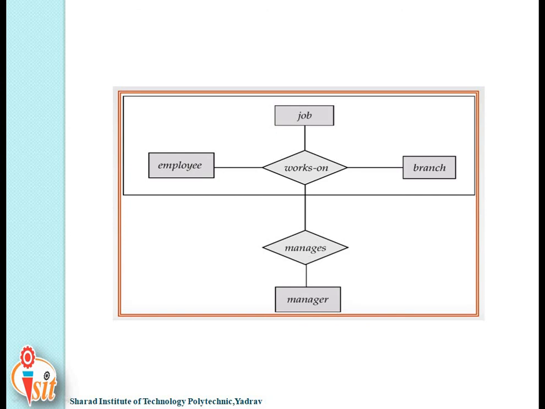In the real world, if a manager manages the company, then he will never manage just the employee only or just the branch. Instead, he will manage the employee and branch both. That's why the employee and branch entities act as a single entity. That's why it is known as aggregation.